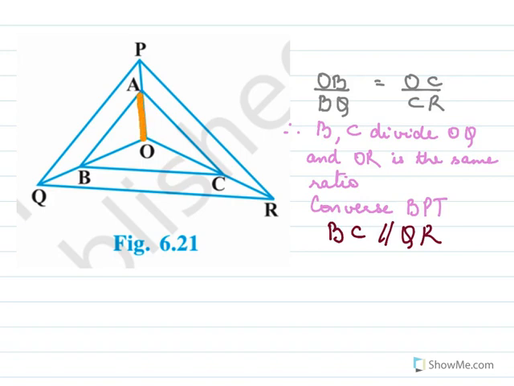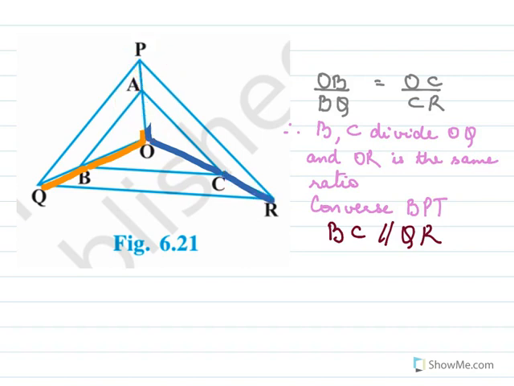So for this sum, what we did first we said OA over AP equal to OB over BQ. Then from the other information, we said OA over AP is equal to OC over CR. On comparing both, this was common for both.